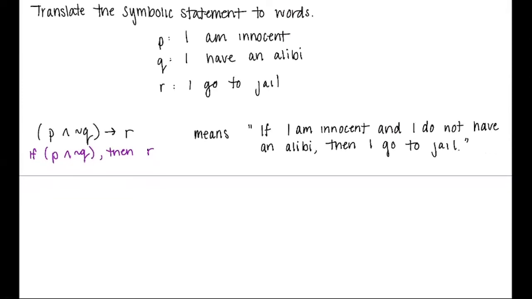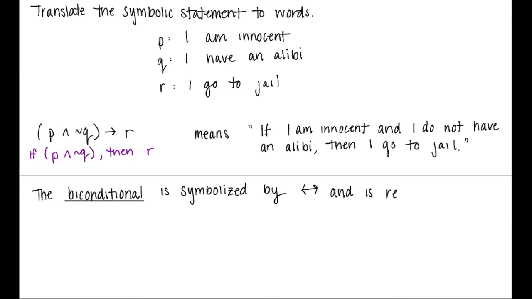All right. So the second thing we have, or our final statement, is the biconditional. And this is symbolized by a double-sided arrow and is read as if and only if.